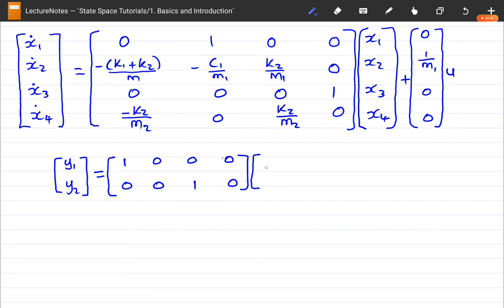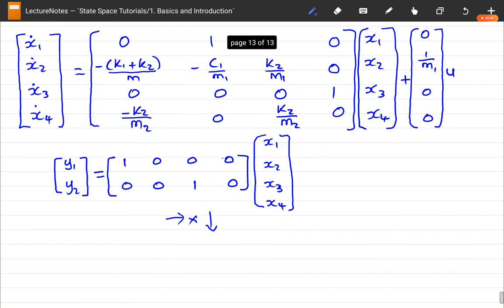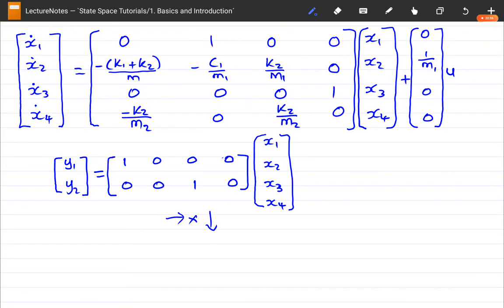I hope this is going to be easy to understand where we got it from. And this is going to be x1, x2, x3, x4. Let me see if this matrix works. So multiply across, multiply down. 1 multiplied by that, that's going to be okay.